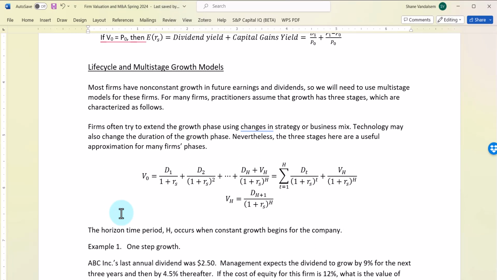Oftentimes that constant growth period starts when the company has reached its full maturity, where it's fully saturated the markets with its product or service, and growth for the company then is restricted to growth in the population and growth in sales due to inflation. So an example we're going to look at later on is Coca-Cola.